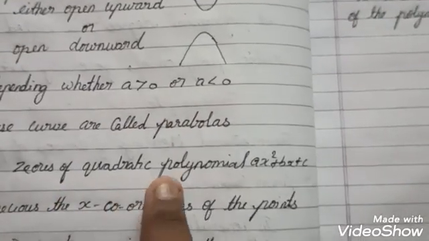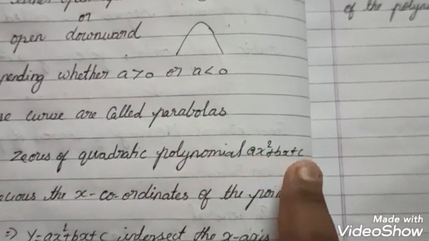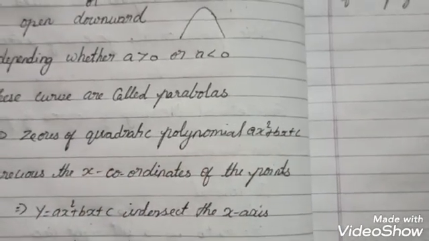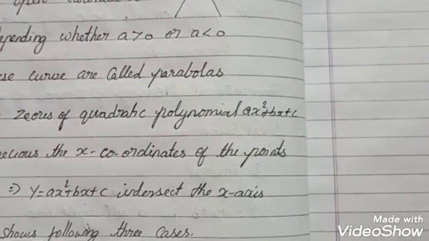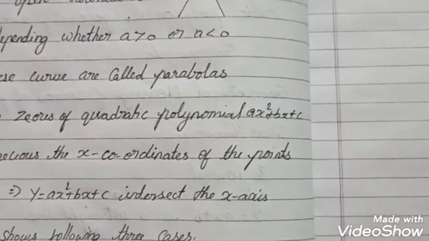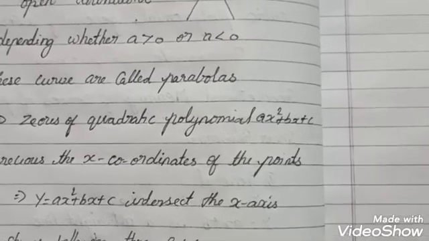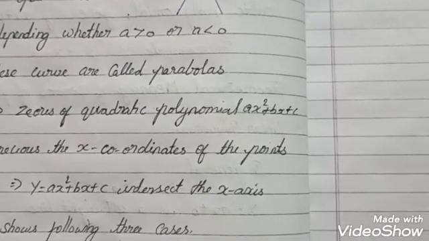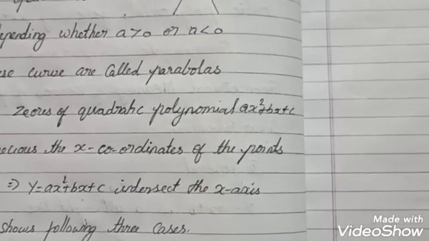So the zeros of the quadratic polynomial ax square plus bx plus c are the x coordinates of the points where the graph meets the x-axis. Already I told you, in a linear equation we find the zero of the polynomial where the straight line intersects the x-axis. So we consider the x coordinate there as the zero of the polynomial.